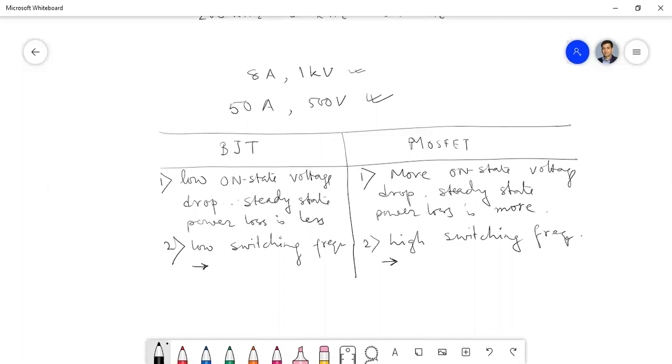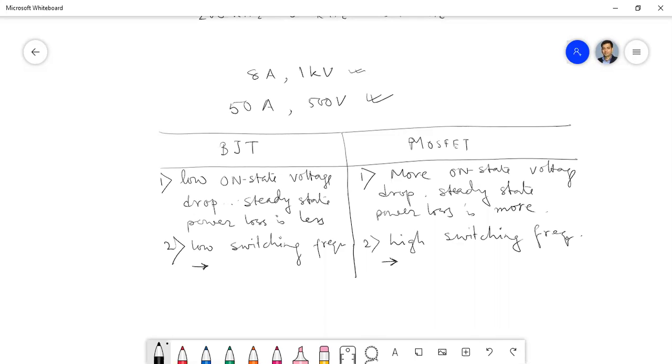Now I'm asking, what is the advantage of this high switching frequency? At high frequency the size becomes smaller. That I already discussed in the second class.